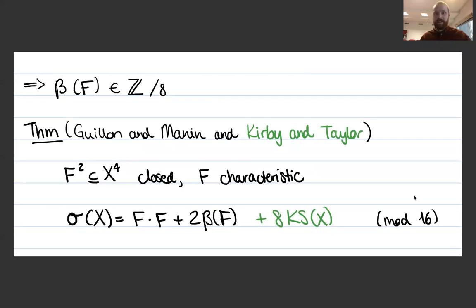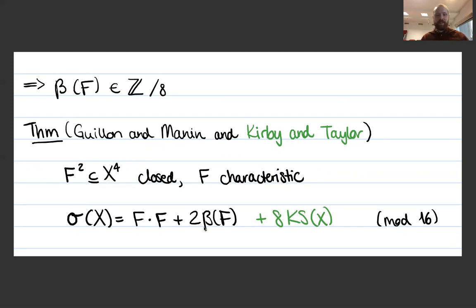And in the closed case, there's a theorem of Guillou and Marin that was extended to the case of topological manifolds by Kirby and Taylor. That's a generalization of this theorem of Rokhlin to the non-orientable case. So here you take F not necessarily orientable, X is again oriented, and F is still characteristic, and everything is closed here.